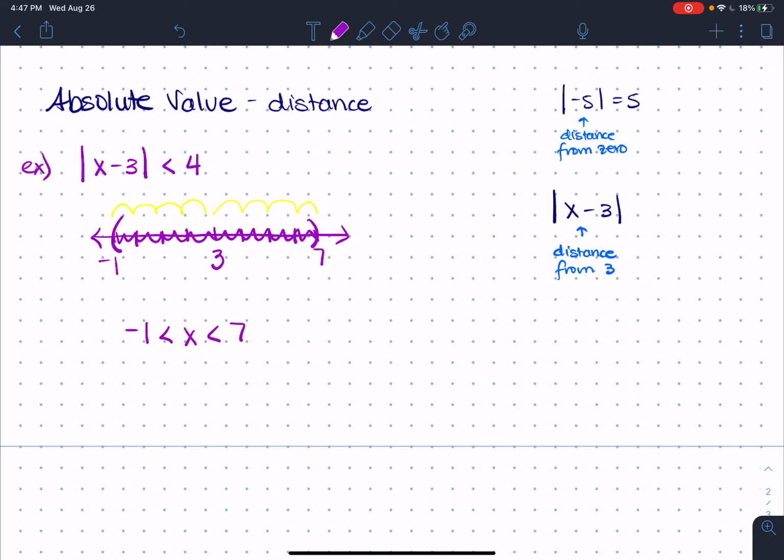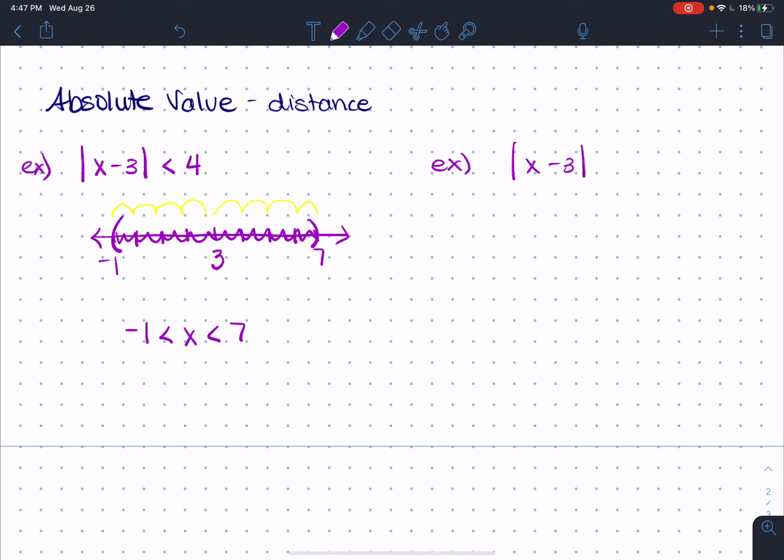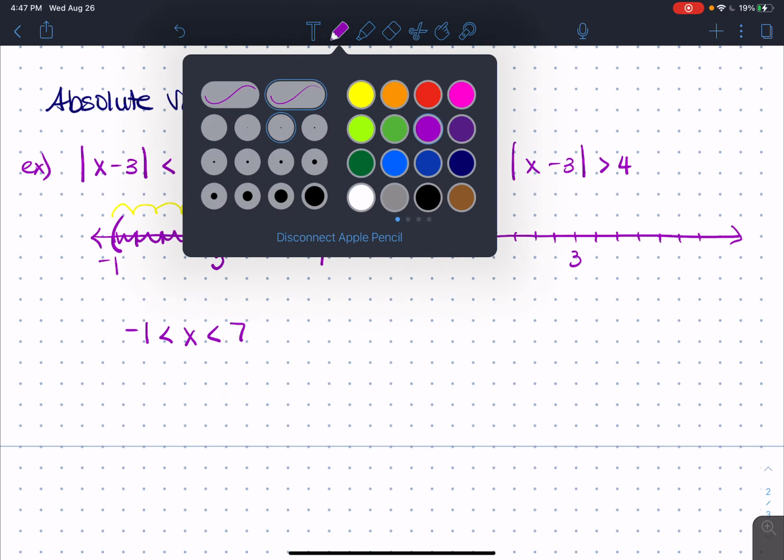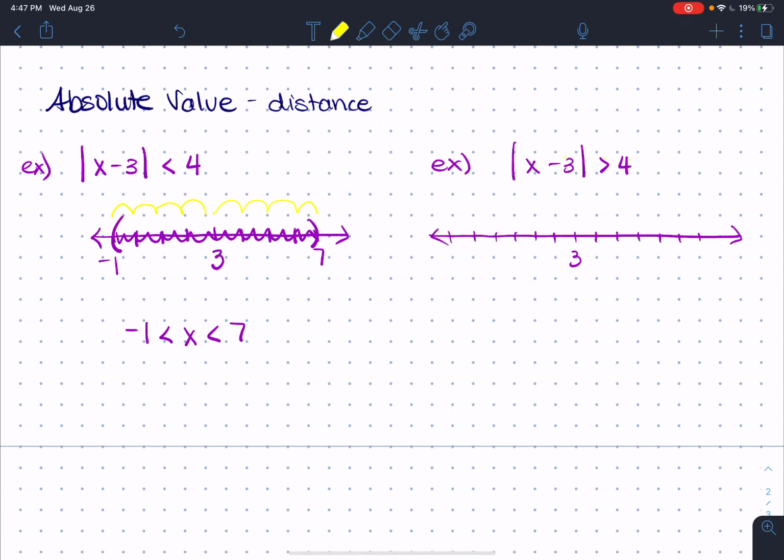Okay, so where am I going with this? Well, what if I had the same kind of problem, but instead of a less than, I had a greater than? Now we're talking about the distance from 3 is greater than 4. So if I have a number line again, how about we make use of those dots? This time the distance from 3 has to be greater than 4.